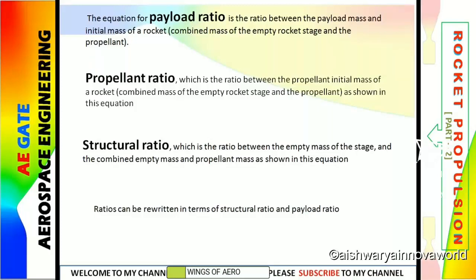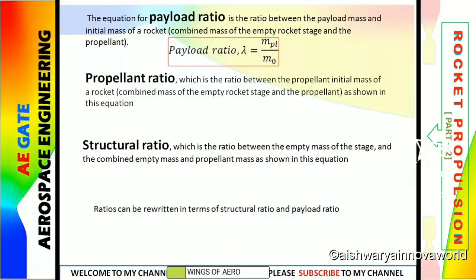Let's see the formulas. First focus on the payload ratio. The payload ratio is the ratio between the payload mass and the initial mass of the rocket. Here comes the formula: it is denoted by the letter lambda, which is the ratio between MPL, the payload, and the total mass.